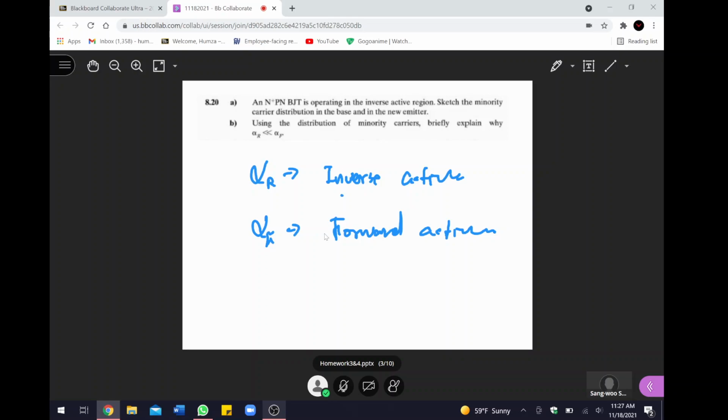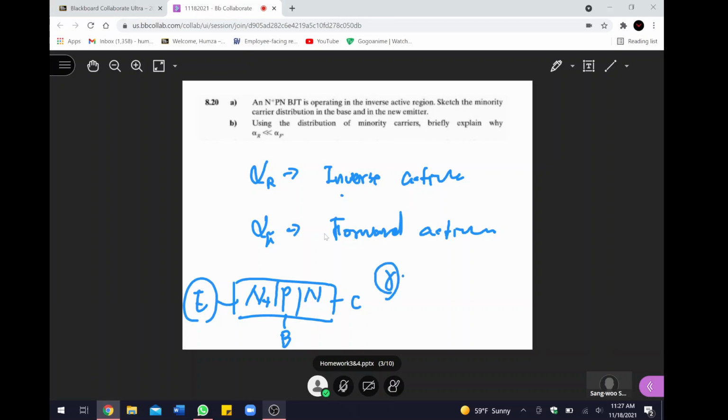So now, inverse. As I mentioned, this is an N+PN BJT. The emitter side is doped more than the collector and the base.